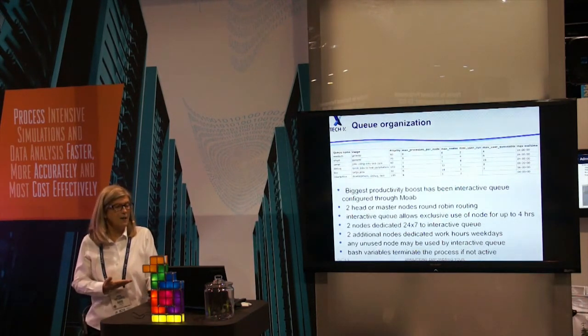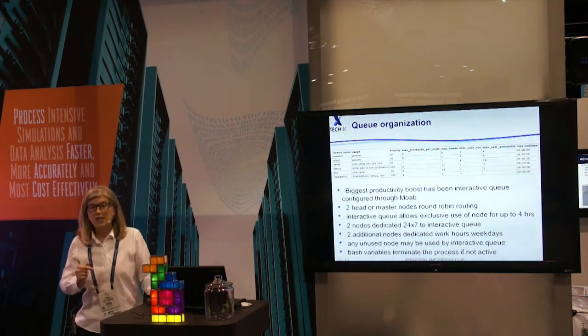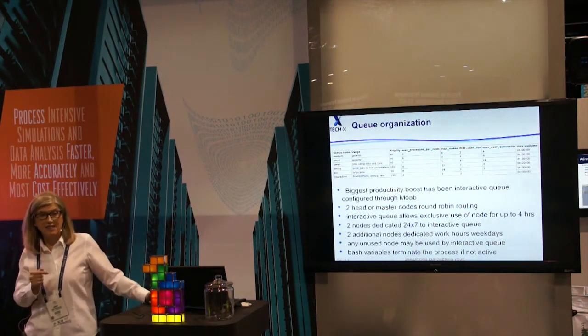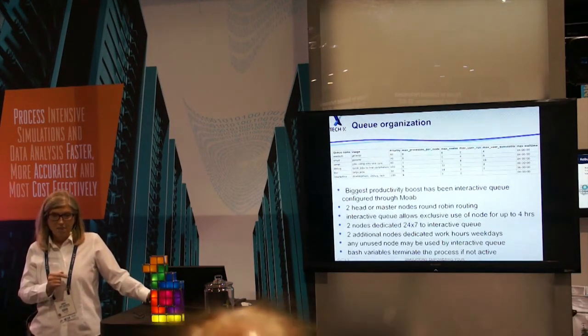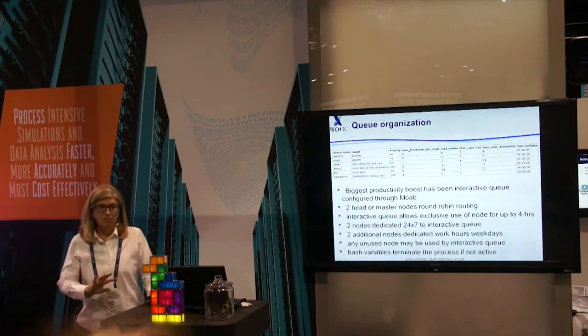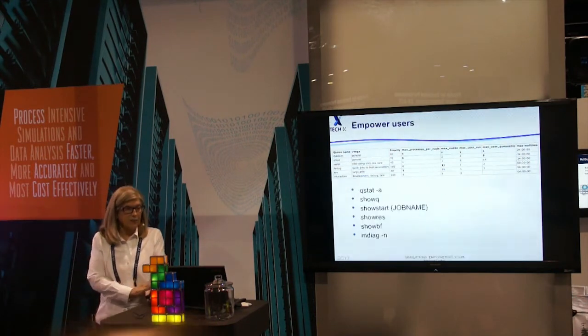But in reality, most people will just request the maximum time. By default, we give them 30 seconds. So if you don't request a wall time, then you will get kicked out after 30 seconds.